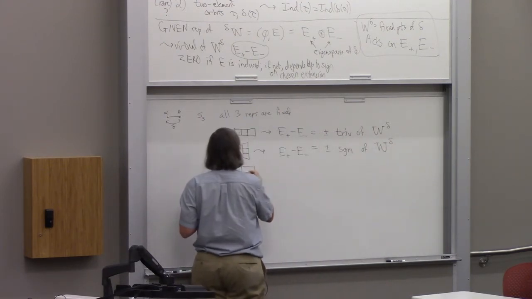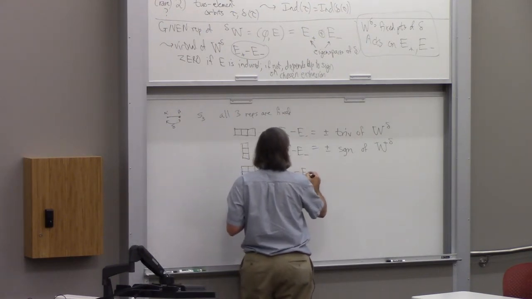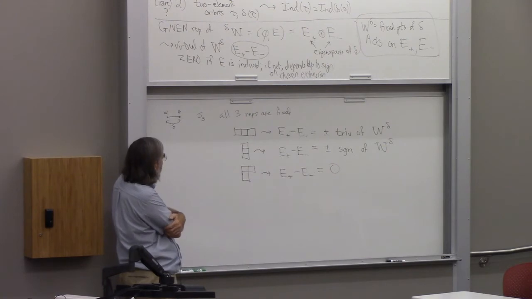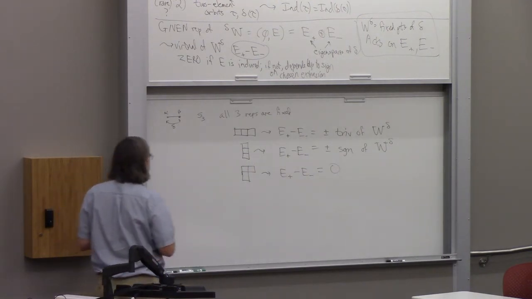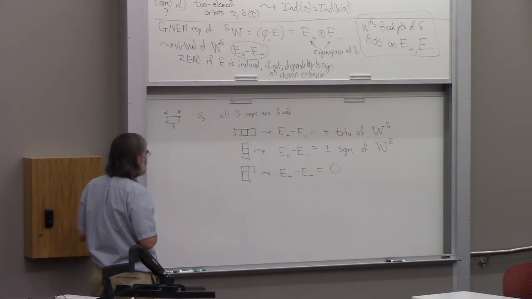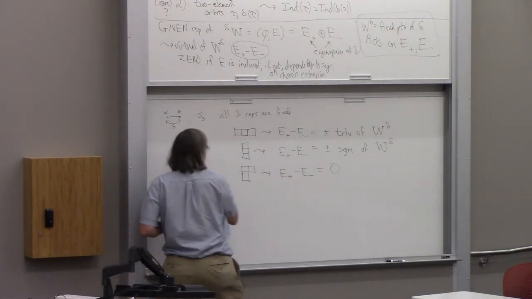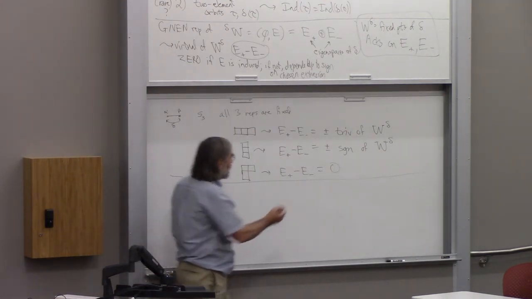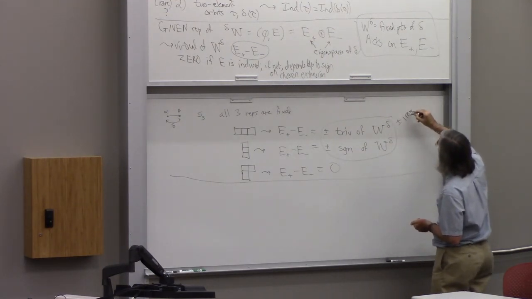And in this case, E plus minus E minus is 0, even though it's not an induced representation. I'm not sure. Anyway, that's the story. And what you see is that these guys are plus or minus irreducibles.